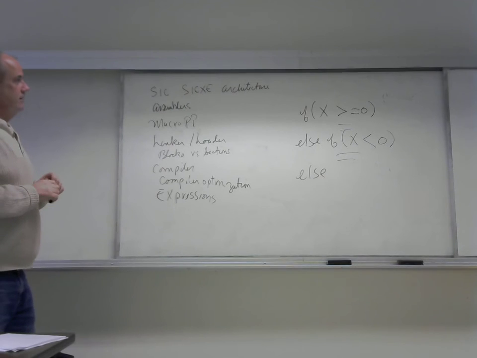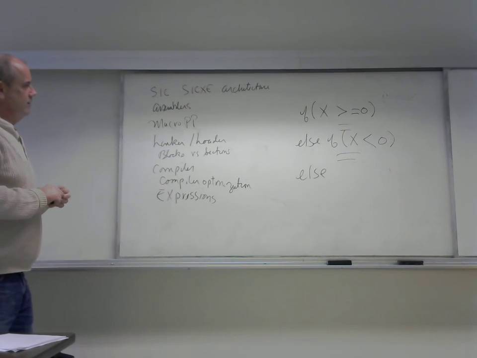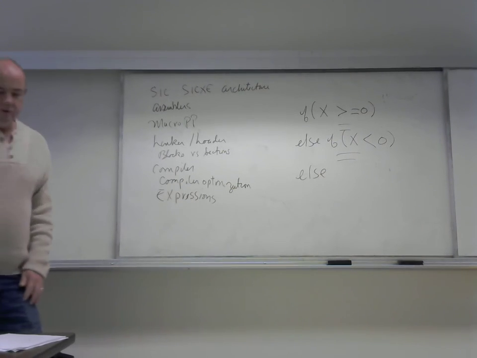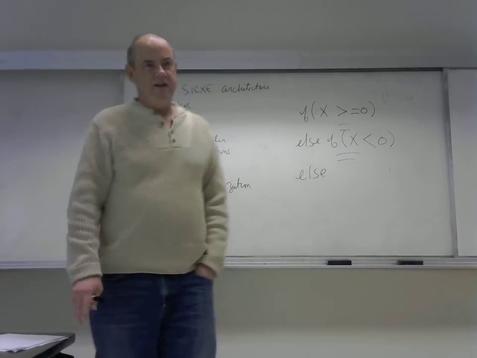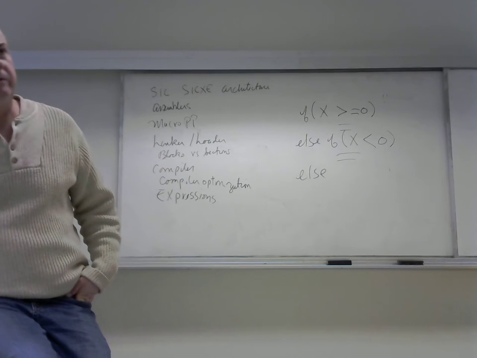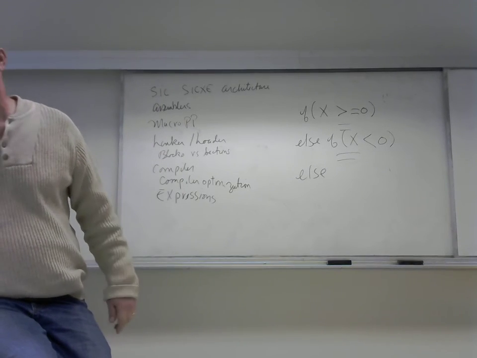If x is greater than or equal to 0, else if x is less than 0, else. Well, is there anything other than x less than, greater than, or equal to 0? Is that possible? No, can't be. So whatever that code is, it'll never execute. Well, you could write that in the program. Hopefully the compiler would remove it. All right.